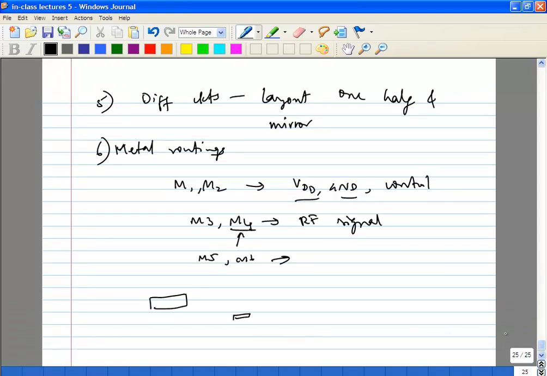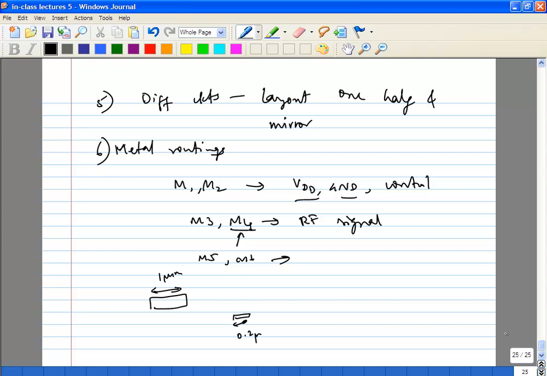First of all, because they are thicker, your minimum width is no longer the same. So if this minimum width was 0.2 microns, this minimum width may be 1 micron, something like that. So if you really want to route short distances, it doesn't make sense to go to a wider metal. Even though it's higher, because it's wider, you'll have more parasitic cap.